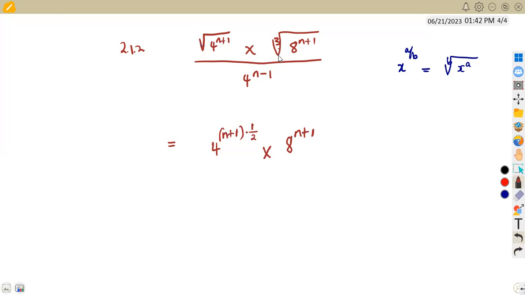The cube root means to the exponent of a third. So whatever we are going to have here, we are going to raise to the exponent of a third, 1 over 3. All right, so we have removed the cube root, we have removed the square root, everything over 4 to the exponent of n minus 1.